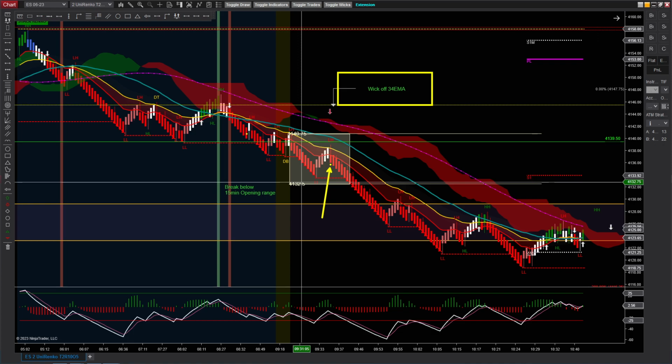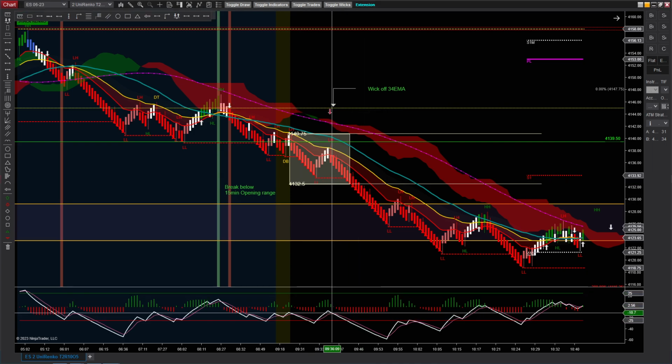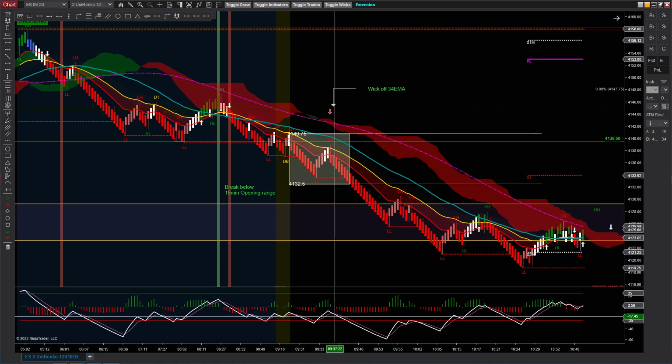So you're making lower highs and lower lows right here. There's a wick right there. Market is not really extended. It has been coming down in the momentum, and then went up a little bit, and then came back down and gave this unbalance or momentum entry right there.